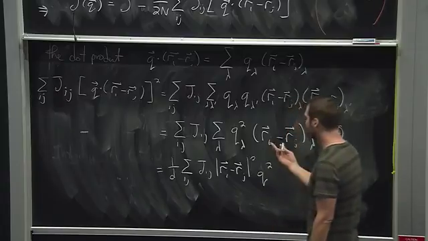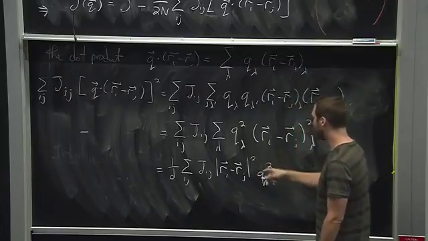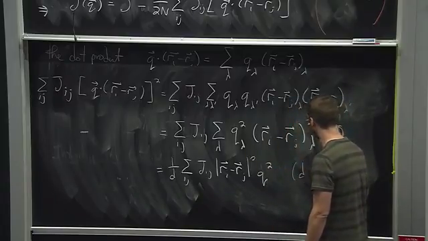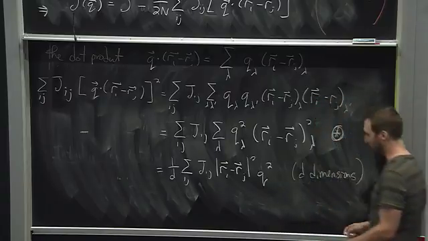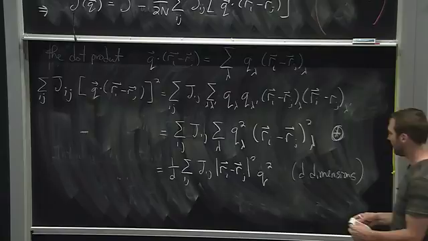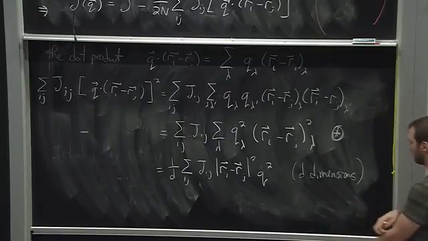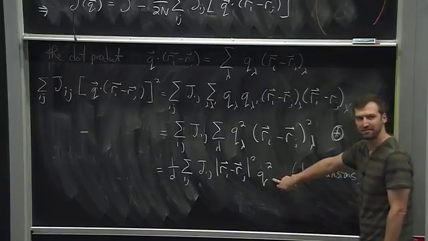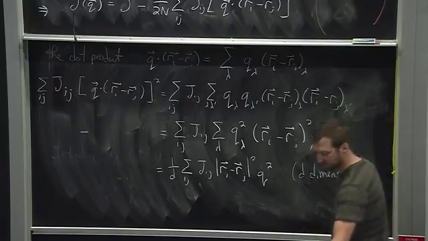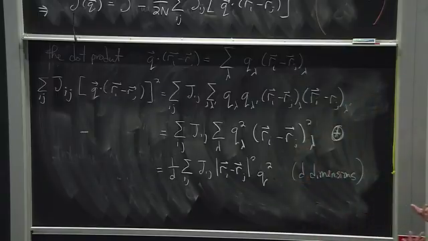For d dimensions, I've just written a sum which I'll also go over. And let me just now get rid of all the non-Q dependence. This is what I wanted: an expression that has some Q dependence.